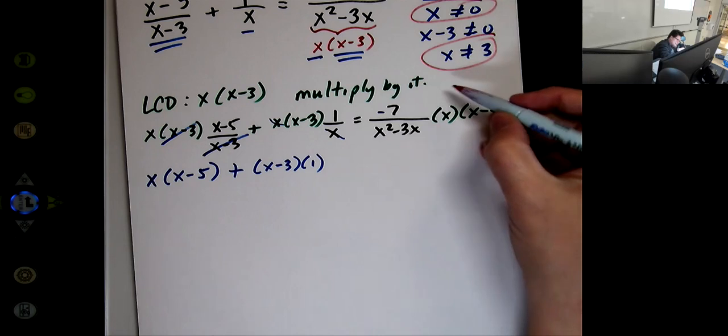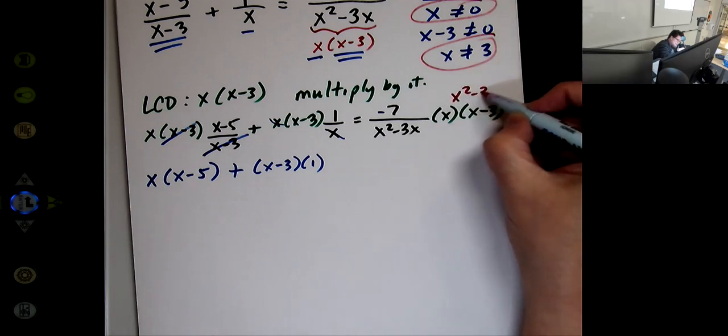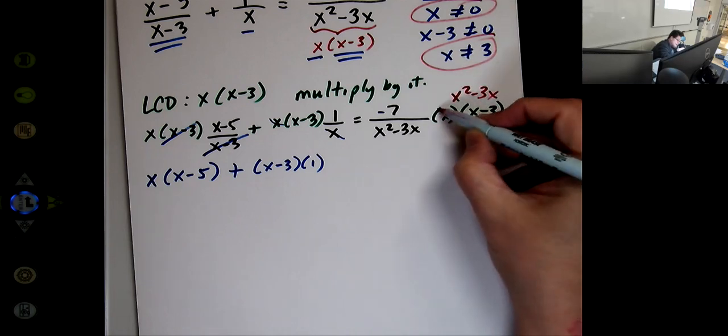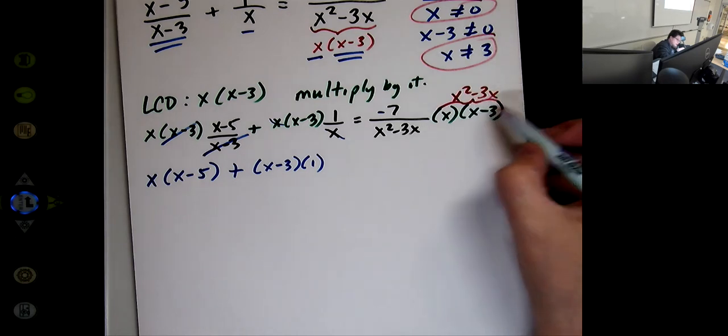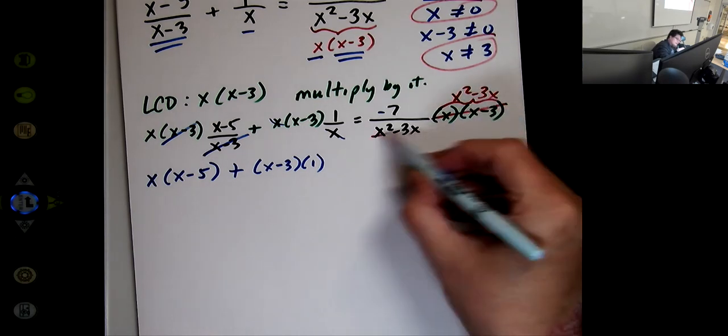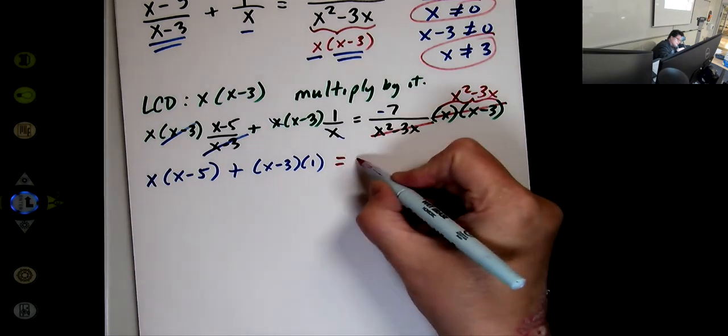Since x times x minus 3 is x squared minus 3x, both of those cancel out with the denominator there, and I'm just left with -7.